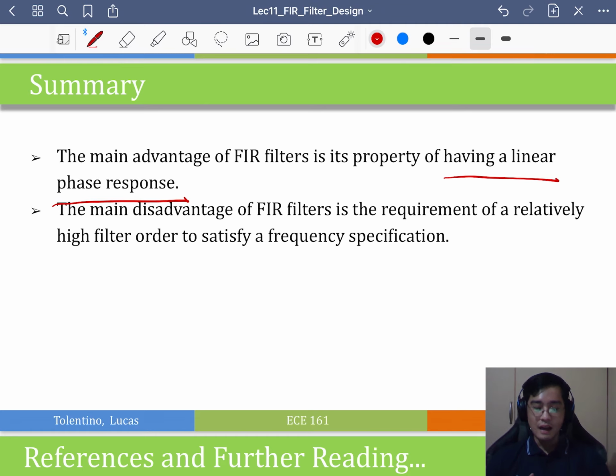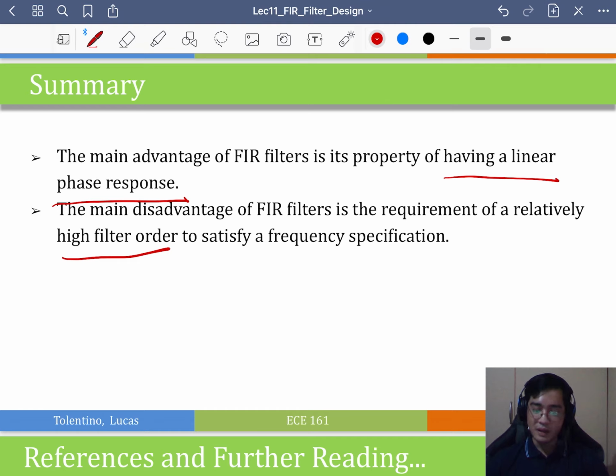However, the main disadvantage of this filter is that you have to set a high filter order. For example, if you want to attenuate 40 decibels at this frequency, you have to set the order to a very high number, translating to a large amount of memory.